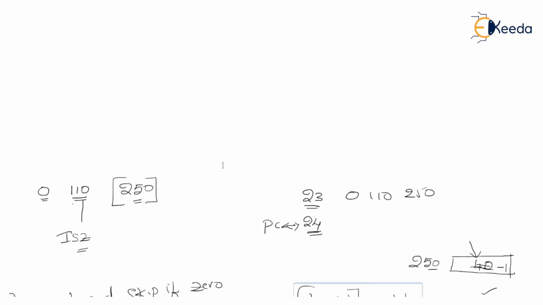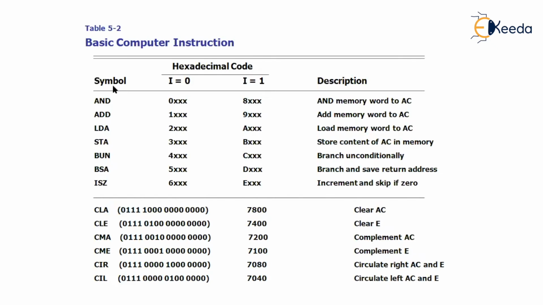Once again, just have a look at what all these instructions are. You know that the first 7 opcodes signify the memory reference instructions. 000 is AND, 001 ADD, then LDA, STA, BUN, BSA, ISZ. What is AND? We are going to perform an AND operation between the memory operand which is specified in the instruction and the accumulator.